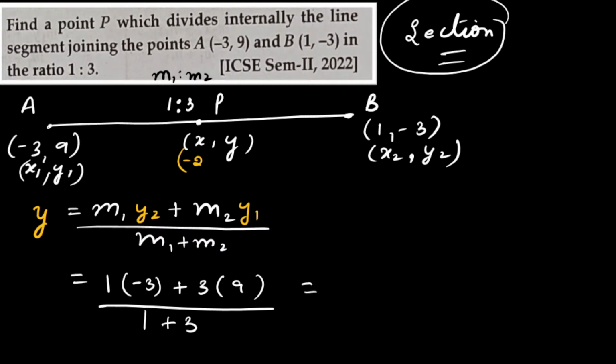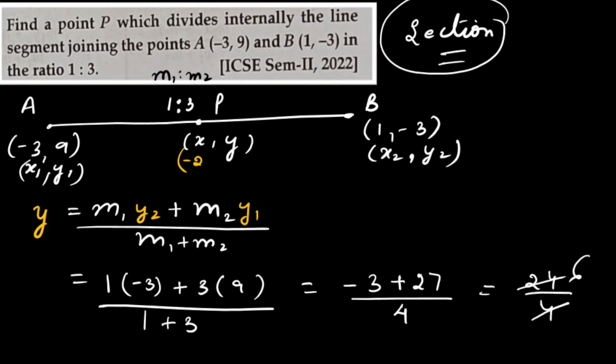So 1 into -3 is -3, plus 3 into 9 is 27, by 3 plus 1 is 4. So 27 minus 3 is 24 by 4, and the sign is that of the greater number. With 27 plus is there, so positive 24, 4 into 6.